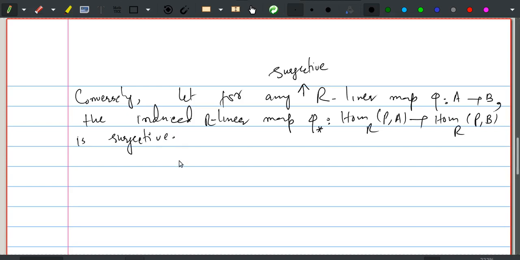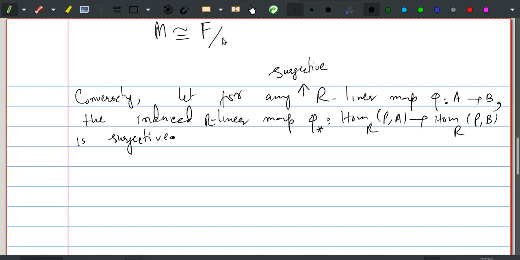So this is our assumption. We have to prove P is projective. I mean, we have to prove P is a direct summand of a free module. Now earlier we proved that any R module M can be expressed as a quotient of a free module.